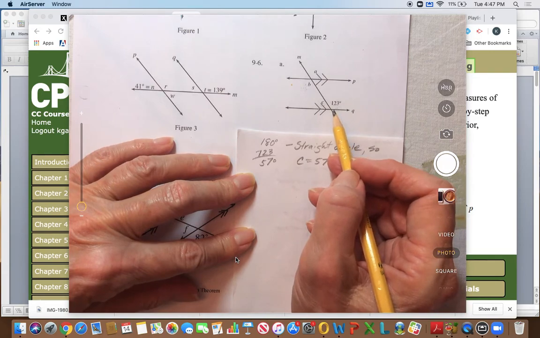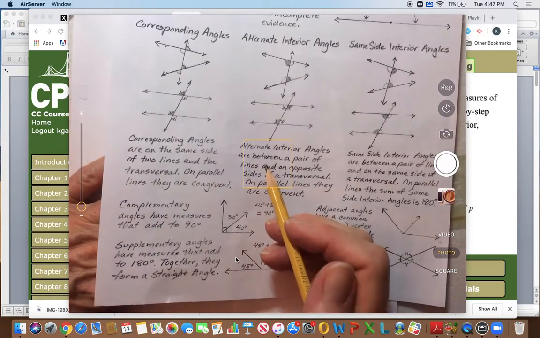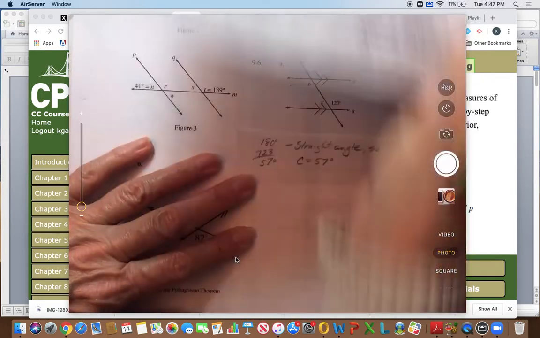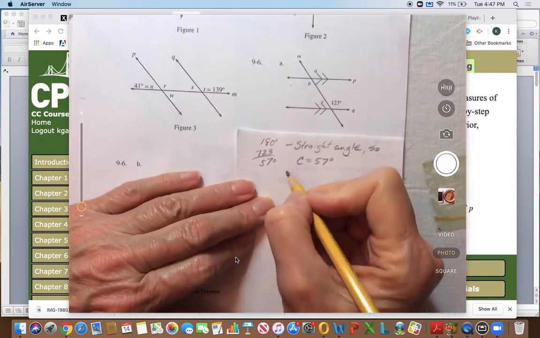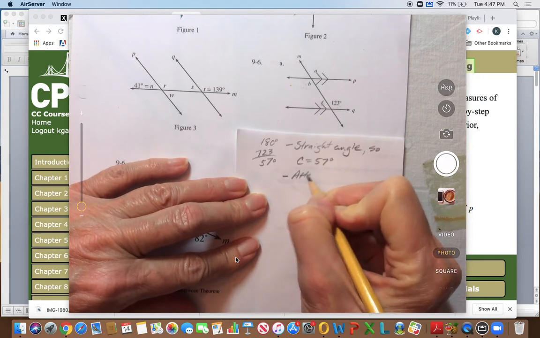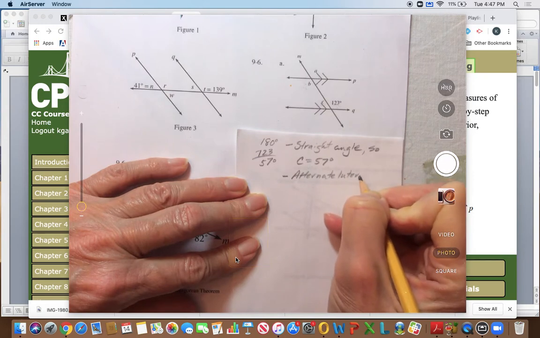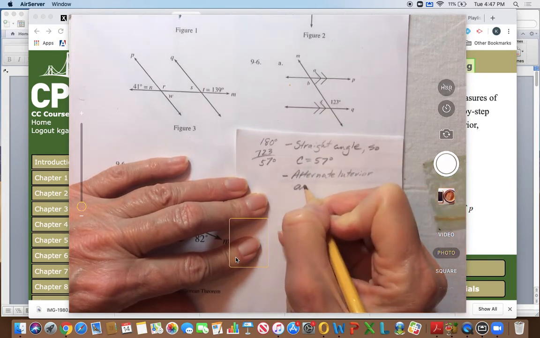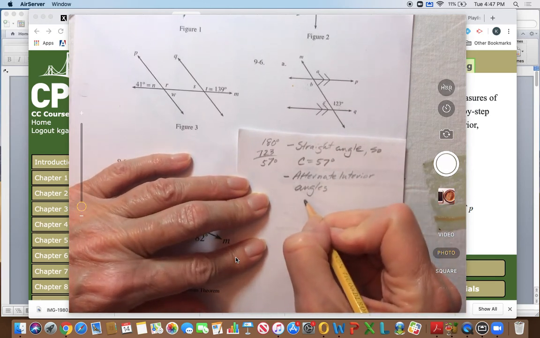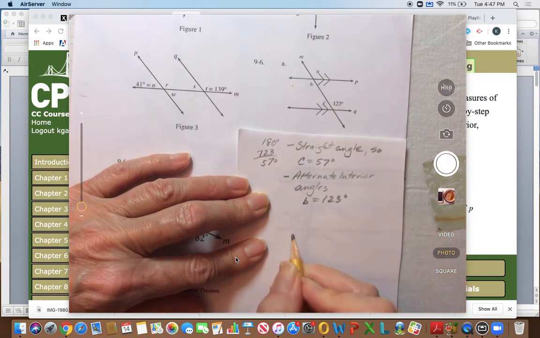And I know that alternate interior angles, which are right here on your sheet, are congruent. So I can just say, because of alternate interior angles, B is equal to 123 degrees.